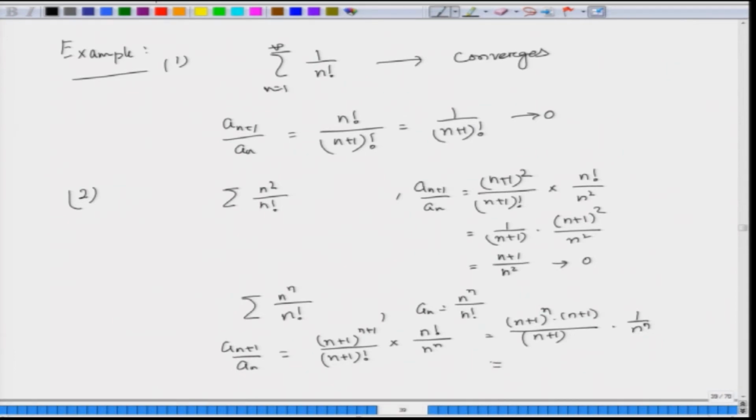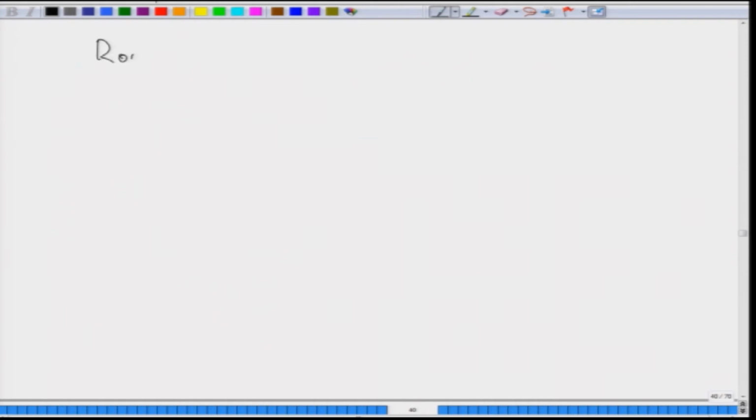So, this becomes (n plus 1)^n by n^n, which is equal to (1 plus 1 by n)^n, and this goes to e, as we have seen, and e is greater than 1. Therefore, this series diverges, whereas n square by n factorial is convergent, but this series diverges. So, this is a very powerful test for convergence. Another similar kind of thing is called the root test.